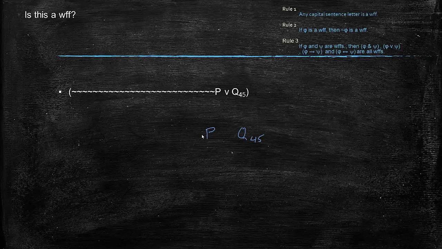Is not P a woof? Well, yeah. Is not P a woof? Well, yeah. I'm not going to keep going, right? You get the idea. Dot, dot, dot, until you get to this, right? And then, or brackets. So yes, this is a woof.